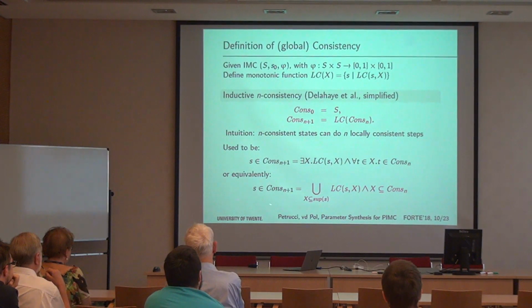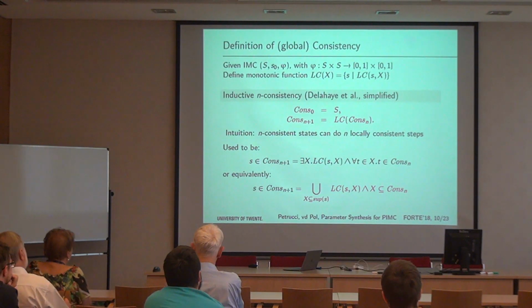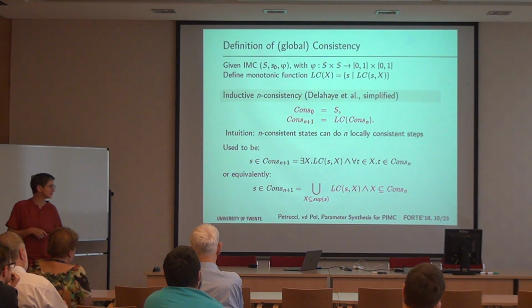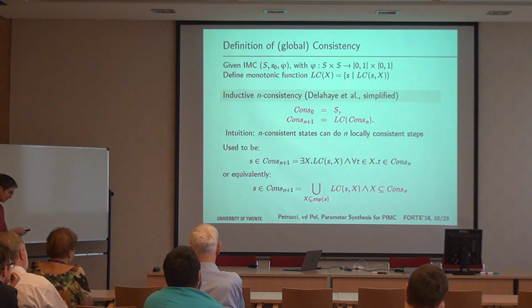We look at the union over the sets X that are possible outputs from S, in the support of S, such that the local consistency is satisfied and X is a subset of cons n. This is completely equivalent.